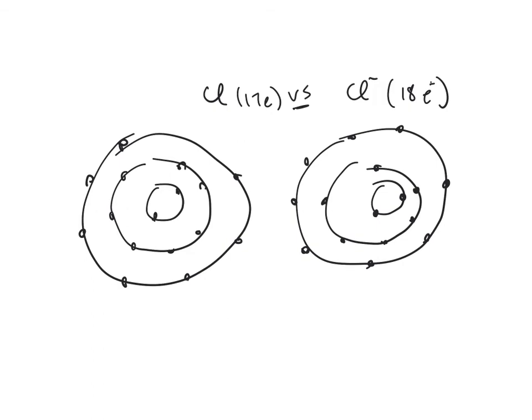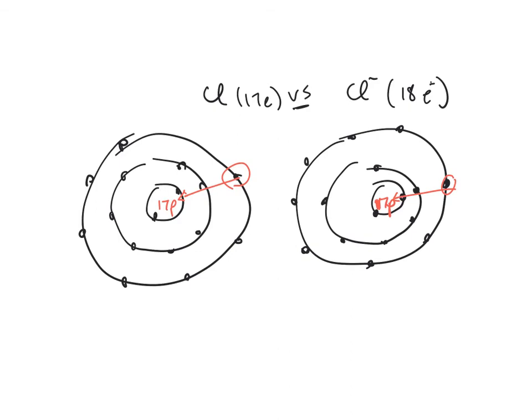So what is the same between these two is that they're both chlorine, meaning there's 17 protons in each nucleus. So in this case, you're looking at the fact that the outer electrons are attracted to the nucleus. You're going to get the exact same effect here, so that's not the issue.